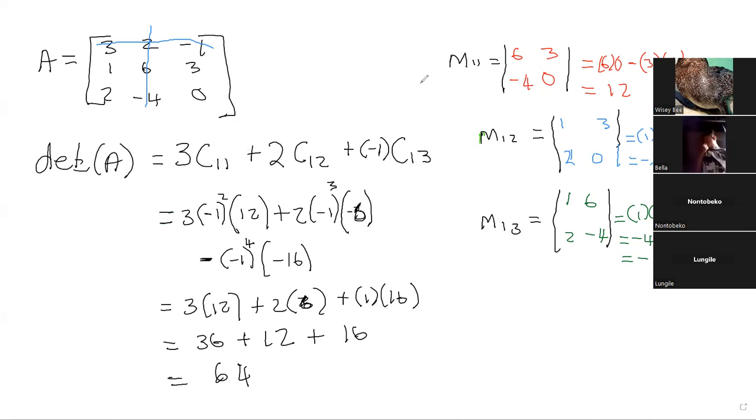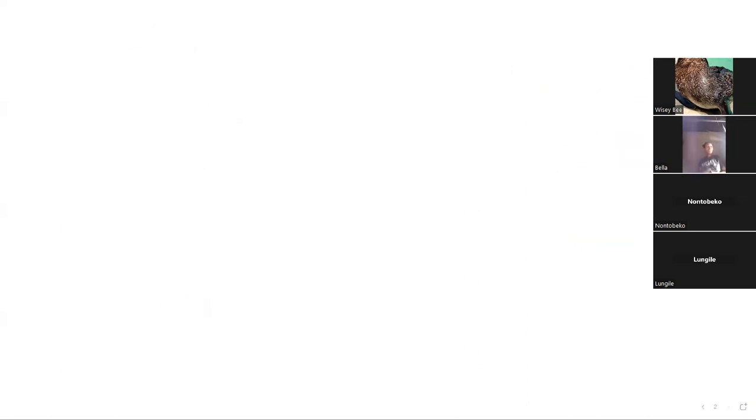Oh, you still have to do something like this, but not necessarily this formal way. This is the formal way of doing it. But the other way, let me just do it quickly. It's just the same thing. Where's the matrix again? 3, 2, minus 1, 1, 6, 3, 2, minus 4, 0.